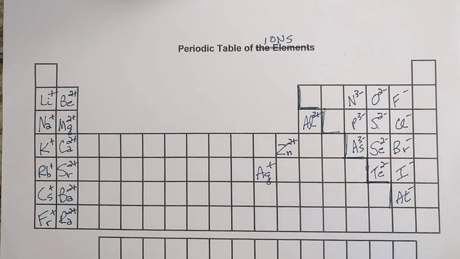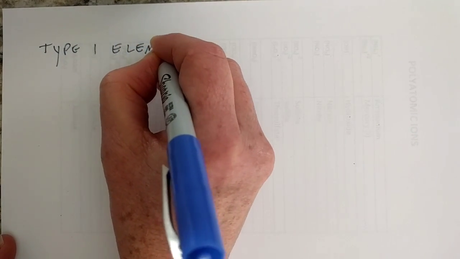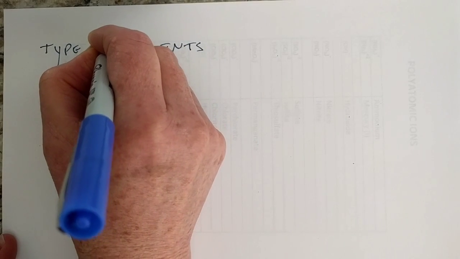All right, now I want to show you something before we start filling in some of these D block metals and these P block metals. So now we're going to be concentrating on positive ions. And there are 2 types of metals. So we are going to look at our type 1 elements.